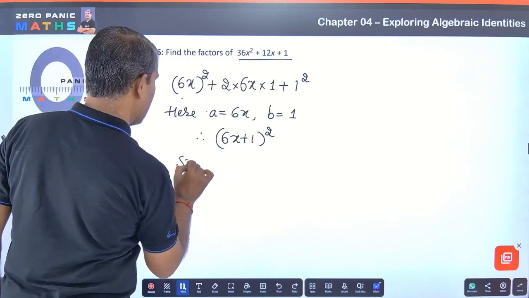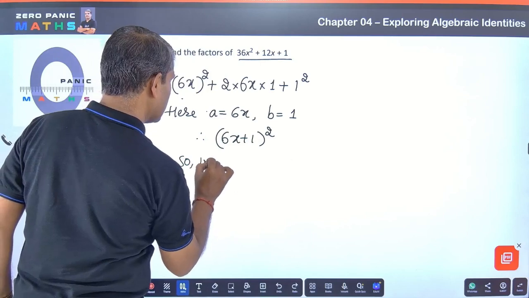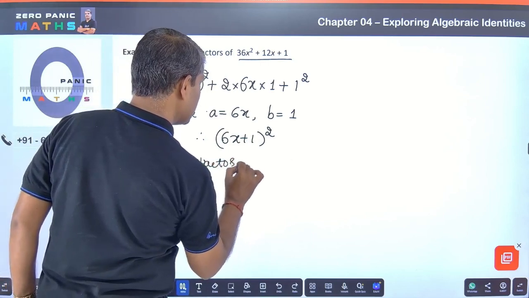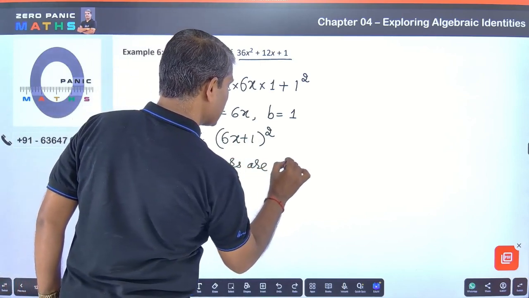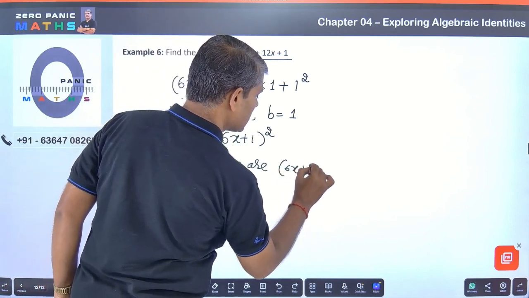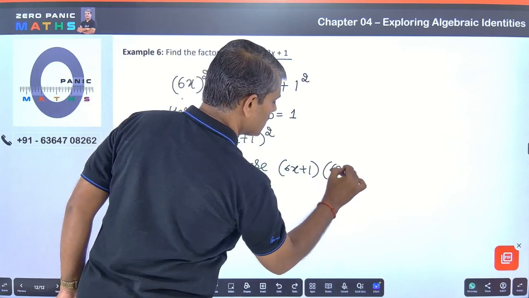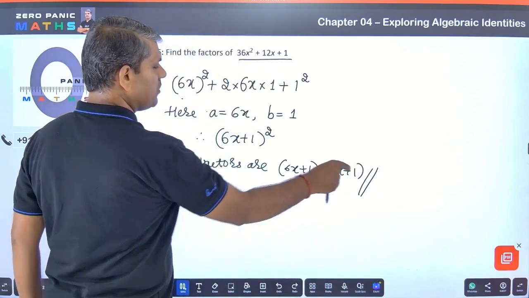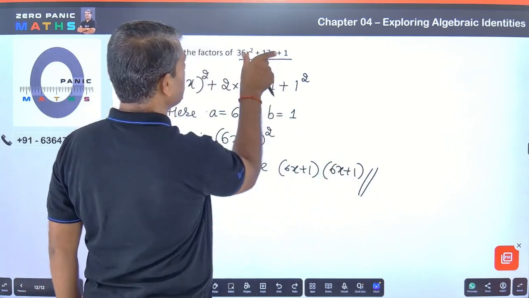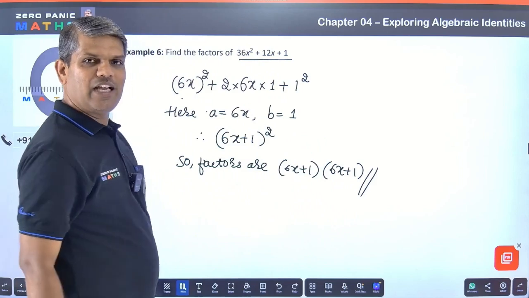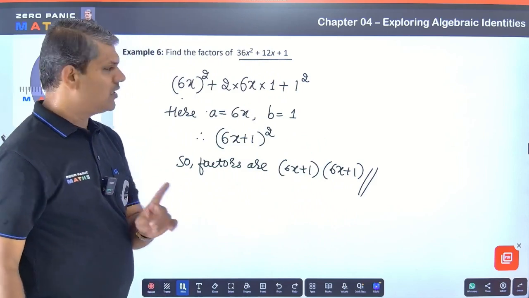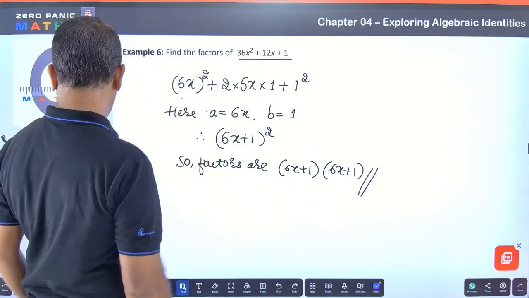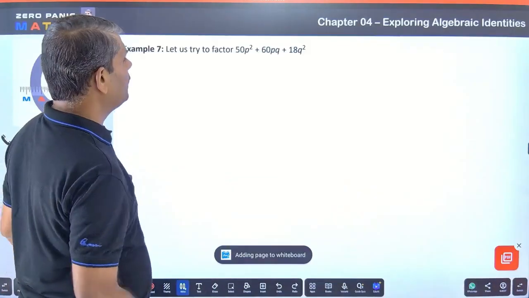So the factors are 6x plus 1 and 6x plus 1. If you multiply these two factors, 6x plus 1 and 6x plus 1, you will get this algebraic expression. You understood this? This is how, by using the identity, I'm factoring it.